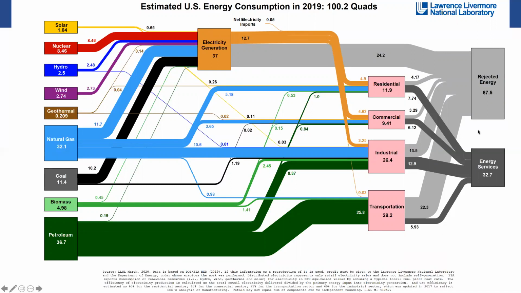And again, to reiterate, there is a good deal of rejected energy. In other words, a lot of this is actually heat loss associated with the combustion of these fuels. And again, this is something we'll talk about a little bit more in detail today.